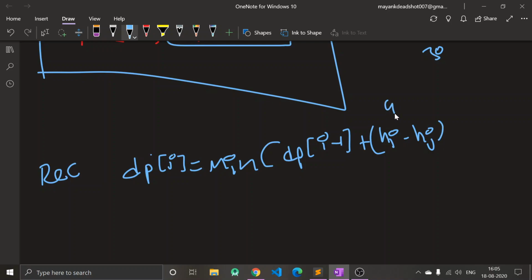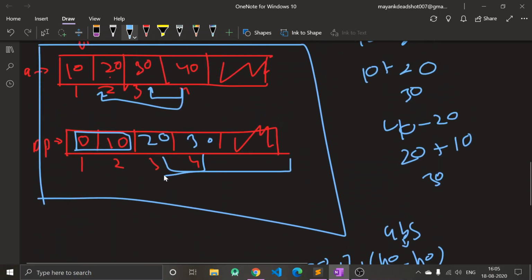We have to take its abs, okay. Either we can go 1 step backwards or 2 steps backwards.